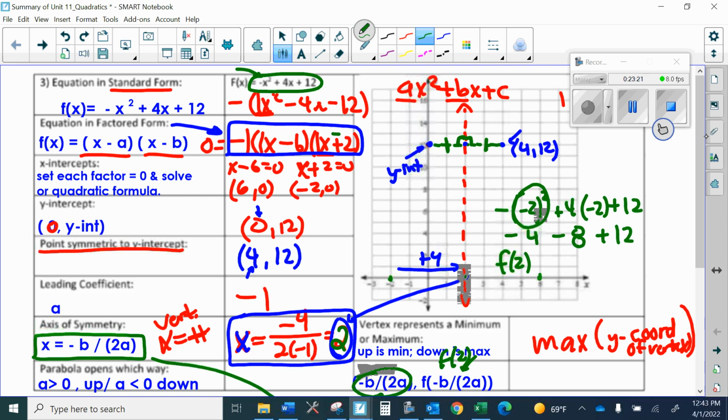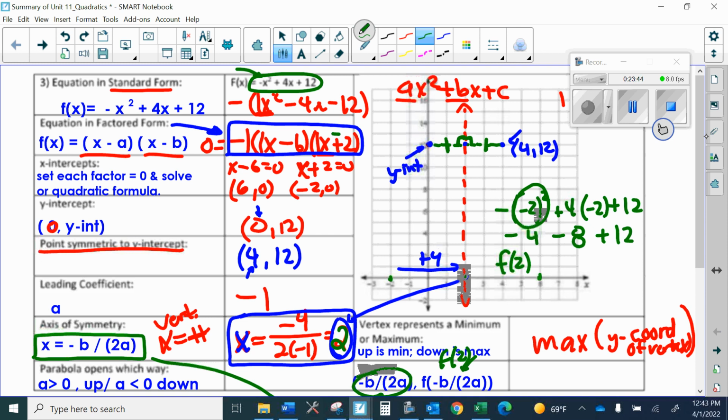What do we got wrong here? Negative 4, negative 8, it's negative 12, plus 12 is 0. Hold on here.